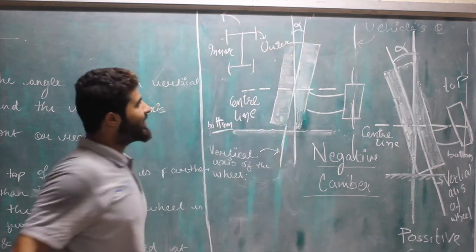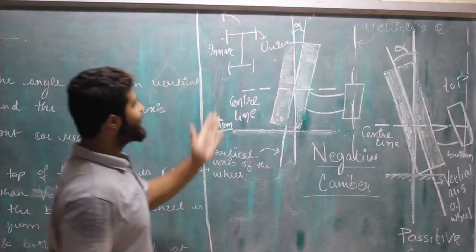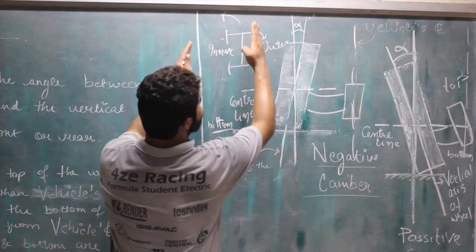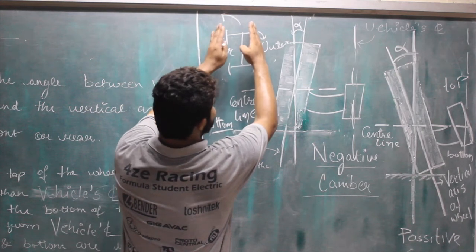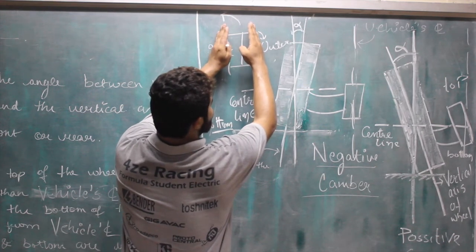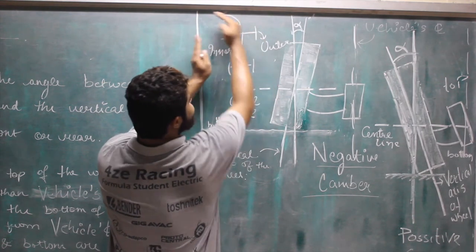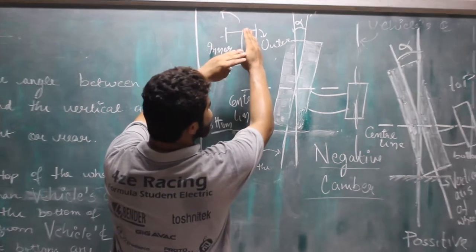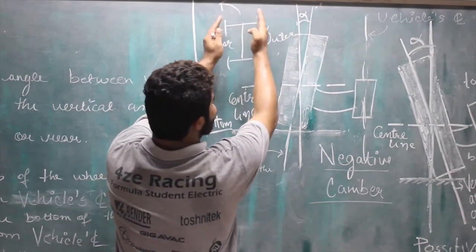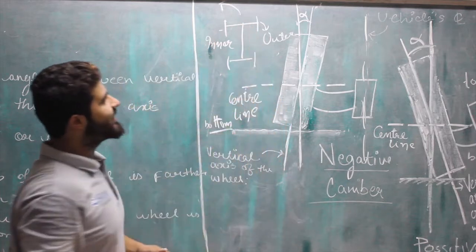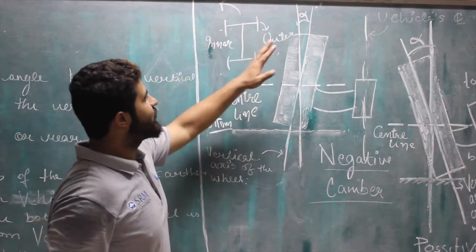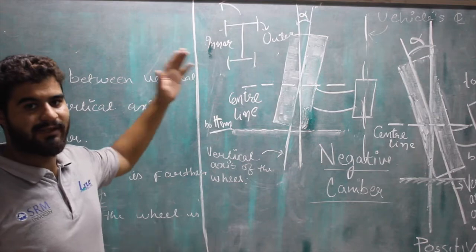When it goes through a left turn, this tire is going to be like this in a negative camber and this tire is going to be like this. So while it corners along this turn, it increases the contact patch of the outer tire, making it straight, which helps in increasing the stability.